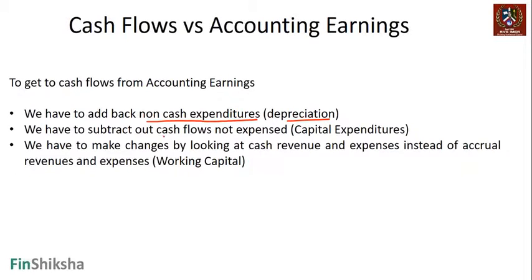You have to subtract out cash flows not expensed, right? That is essentially capital expenditures. These are not expensed that year, remember? So you have to remove the capital expenditure, and we have to make changes by looking at cash revenue and expenses instead of the accounted revenues and expenses, and that is all the changes that will come on account of working capital. Correct?